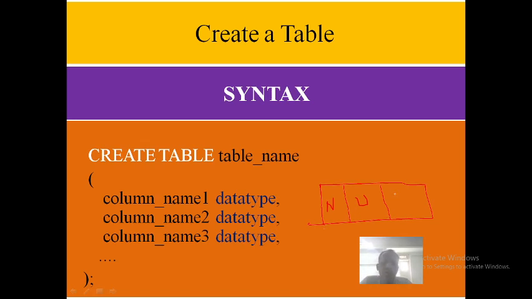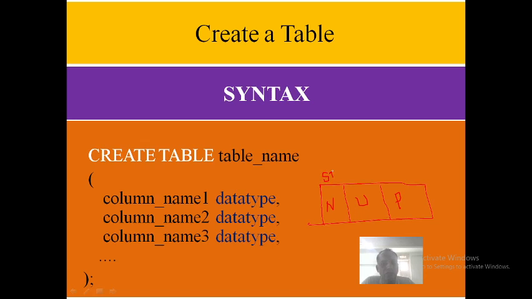And date of birth, percentage of a student, result of a student or mobile number of a student is an integer type. So these are called attributes. This is the column name, the second column is university seat number, and the third column is percentage of a student. The name of the table here is student.